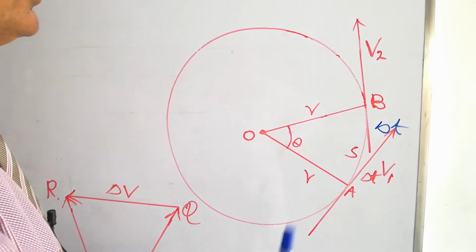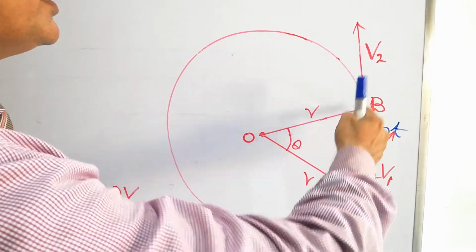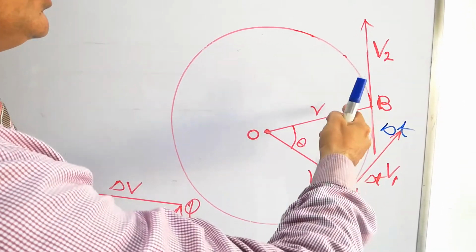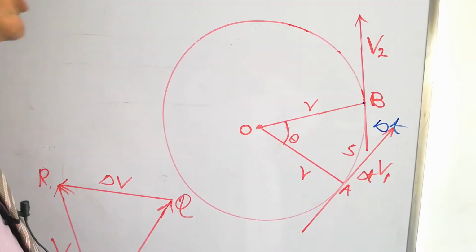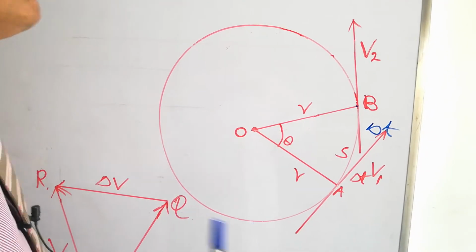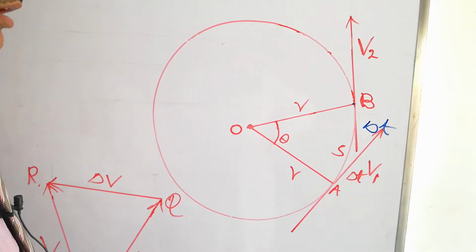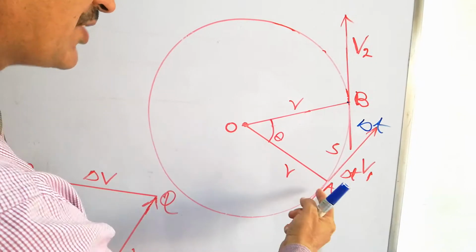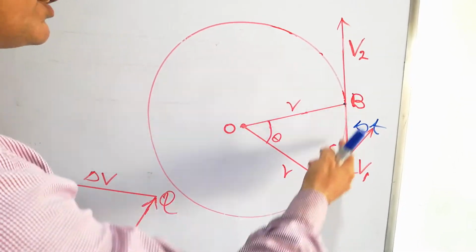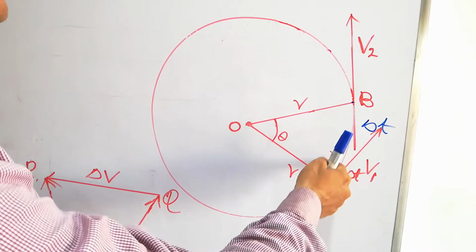Similarly, the velocity at point B is v2. It means if a body is moving in a circle, it must have different velocities at different points, but its speed is constant. That is the radius, and the arc length is denoted by this distance, s.